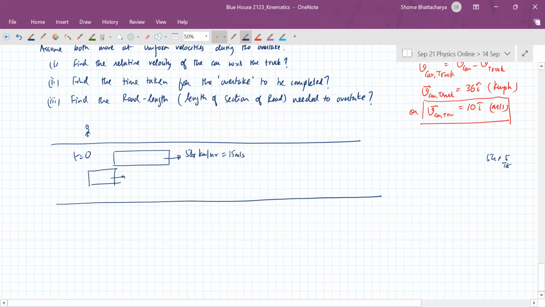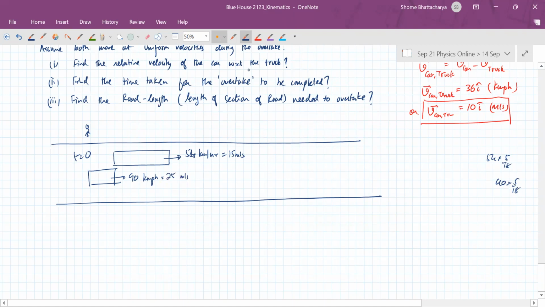And this is moving at 90 kilometers per hour, that is the same thing as 25 meters per second.